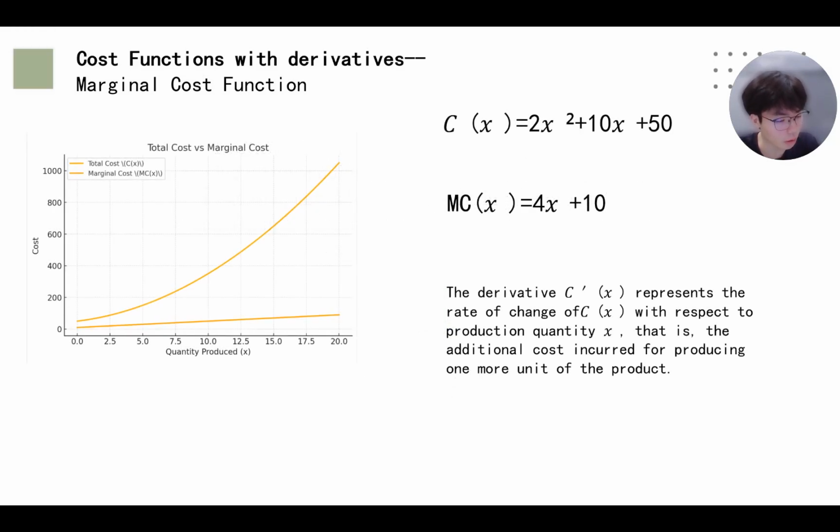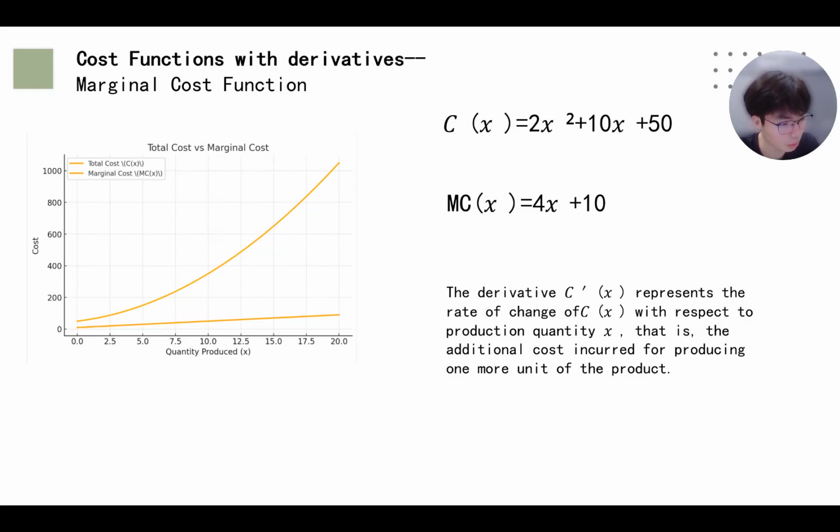For example, the cost function is 2x squared plus 10x plus 15, and taking the derivative, the marginal cost function is 4x plus 10. As the graph shows, the marginal cost increases as production grows. This indicates that producing too many units may not be cost efficient. At x equals 5 units, MC(5) equals 30.